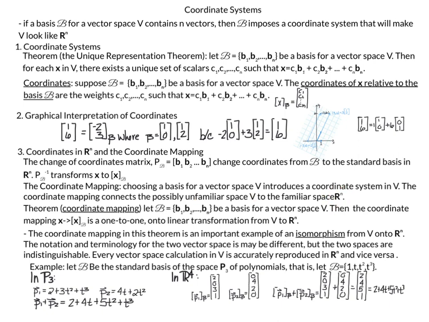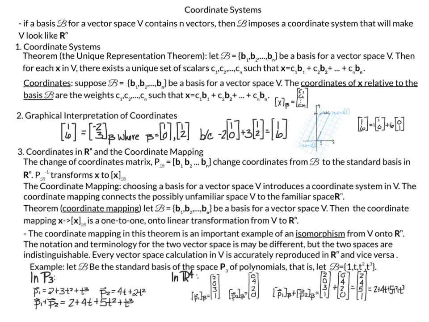So every vector space is essentially isomorphic to Rn, because the mapping is one-to-one and onto. The coordinate mapping is an important example of an isomorphism from V onto Rn. The notation and terminology for the two vector spaces may be different, but the two spaces are indistinguishable. Every vector space calculation in V is accurately reproduced in Rn and vice versa.